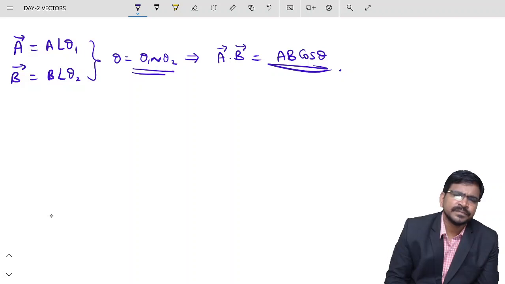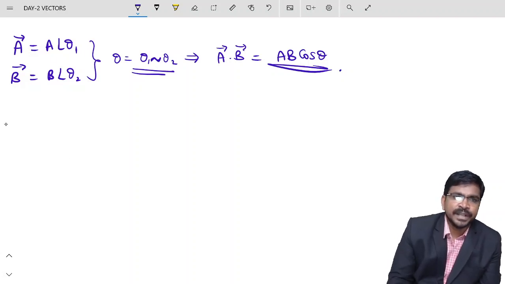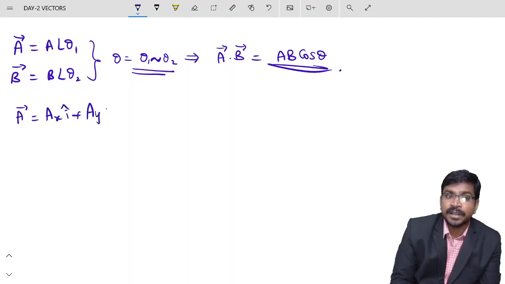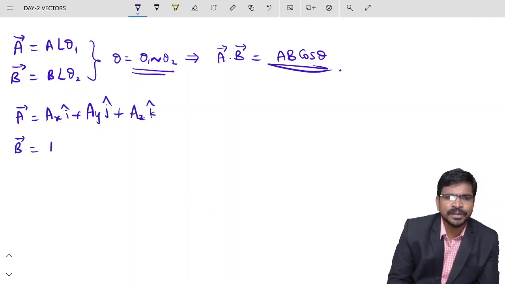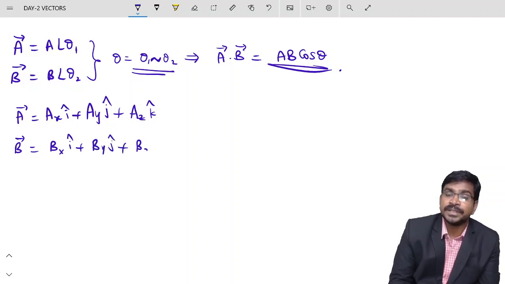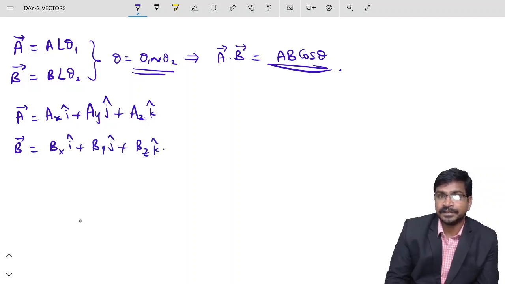Simple. Suppose A is given as Ax in the I direction plus Ay in the J direction plus Az in the K direction, something like the rectangular IJK form. Then how do we handle it? Very simple. Let me write B also: Bx in the I direction plus By in the J direction plus Bz in the K direction.